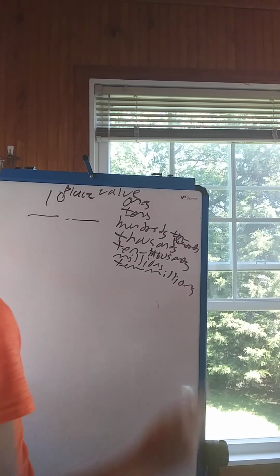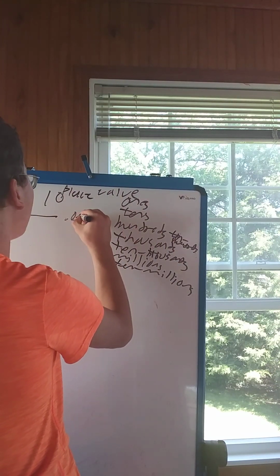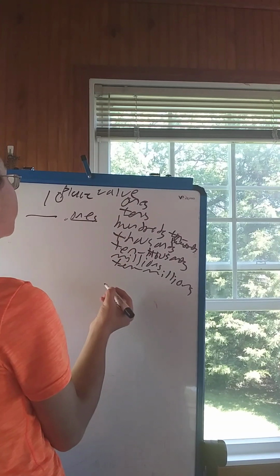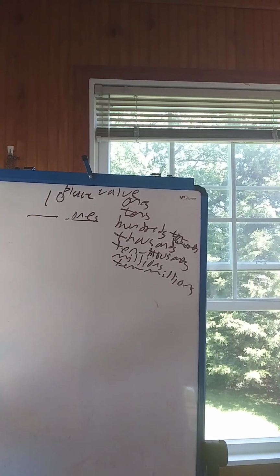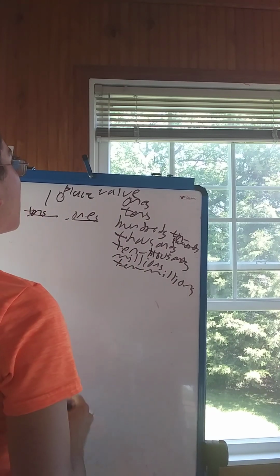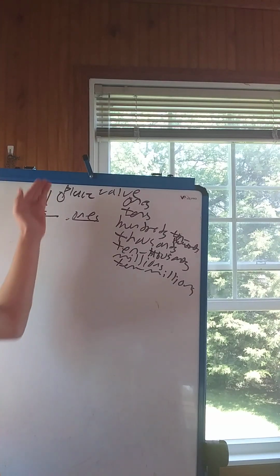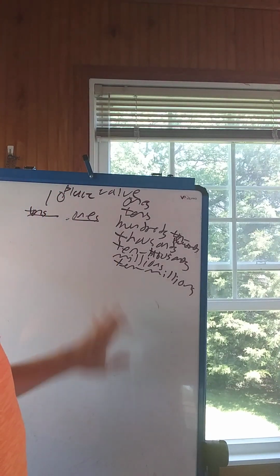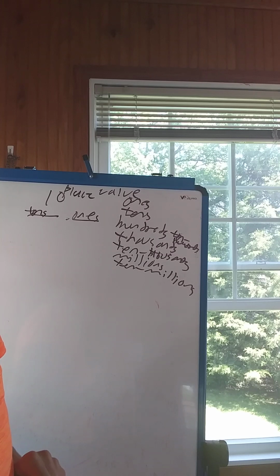Okay, exactly. The ones place. And then what placement would the 1 be? The tens place. Okay. So it tells you up here, but these words won't always be written out. Okay?